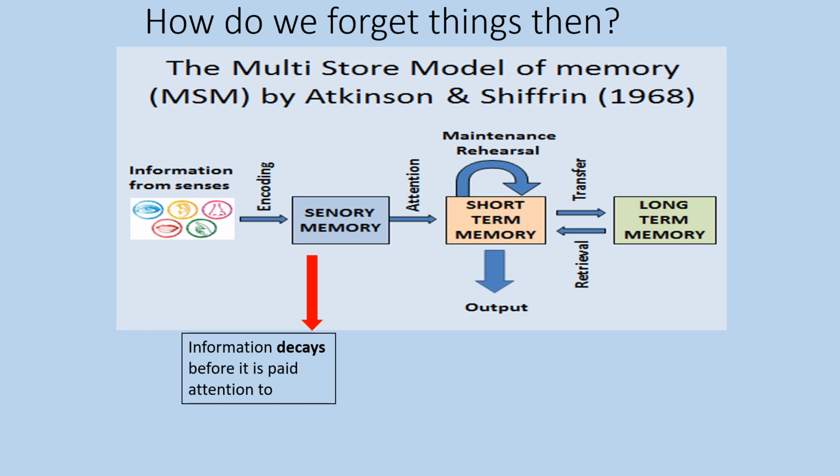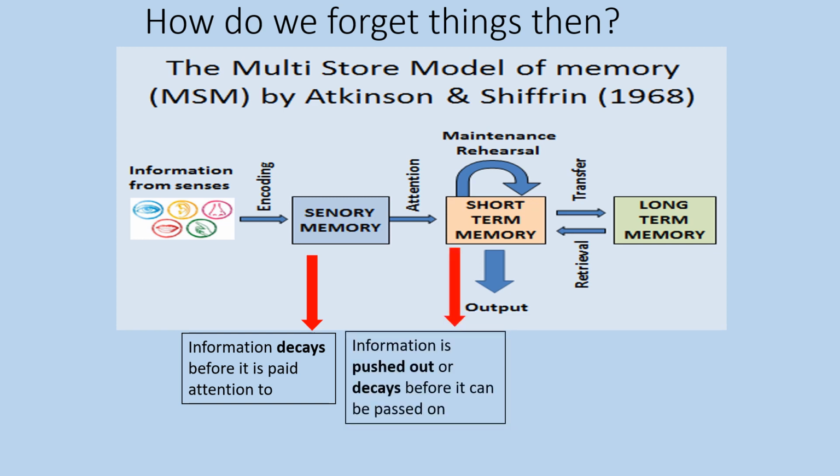Okay, you've been having that sensation of the pressure of your body weight onto the seat since you sat down. Okay, it's been there the whole time. You've just not been paying attention to it, and so that information has been decaying in your sensory memory before being processed, never getting to your short-term memory. Okay, now you're paying attention to it, now it's getting to your short-term memory.